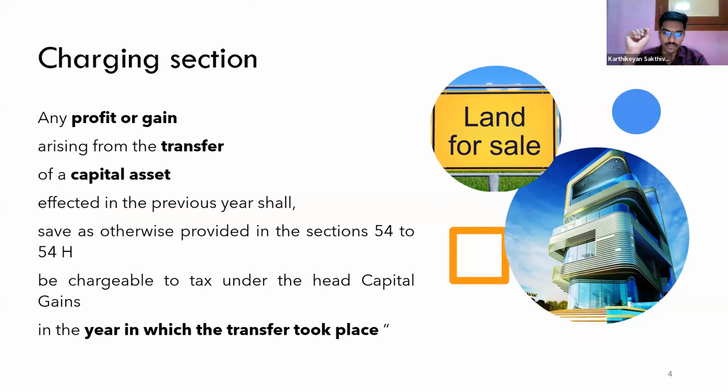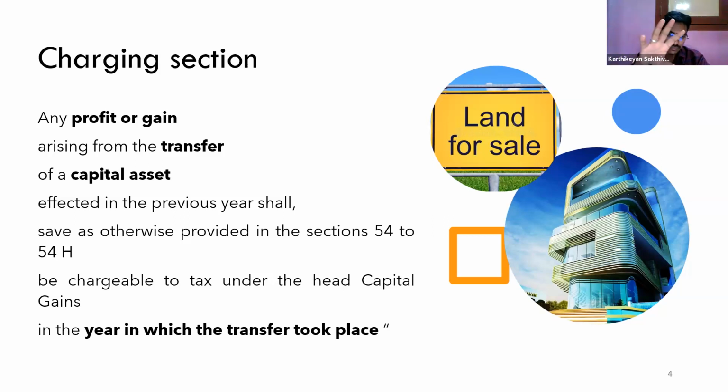So if you have to charge a capital receipt to tax, that can be only under the head of capital gains. If a capital receipt is not taxable under the head capital gains, it cannot be taxed under any other head of income. If not, there should be a specific charge under any other section.